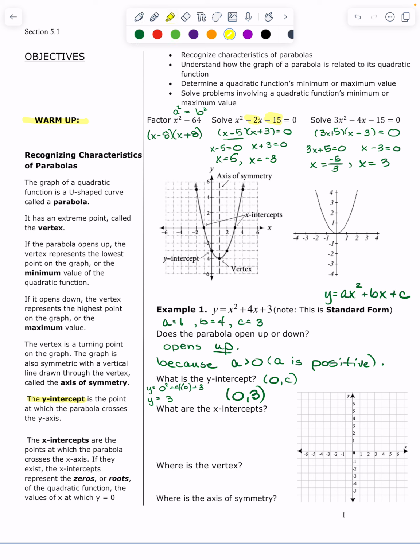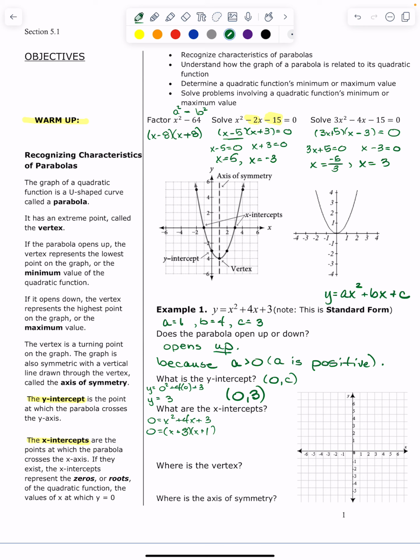The x-intercepts, those are going to be the x's that give us y equals 0. And if you think about it, that's what we just did in the warm-up. So I am going to go ahead and factor this. Again, the easy part, x times x, and honestly, the only way to get 3 is to multiply 3 and 1.